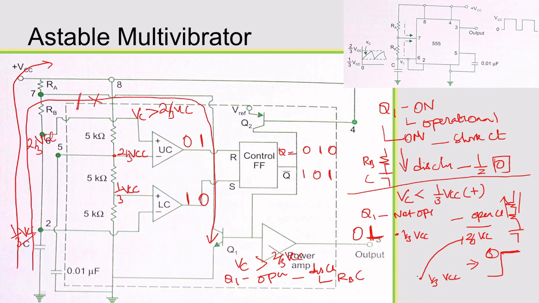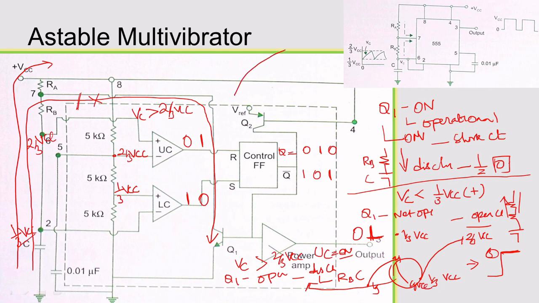So before it was 1 by 3 to 2 by 3 VCC, right? Now it used to discharge. So this is the working condition: when the upper comparator is on, it will discharge up to 1 by 3rd of your VCC.